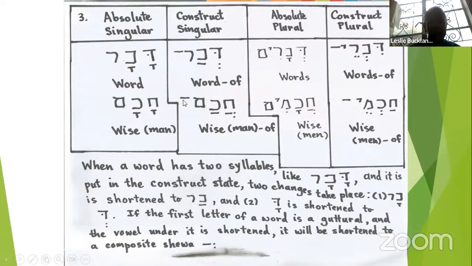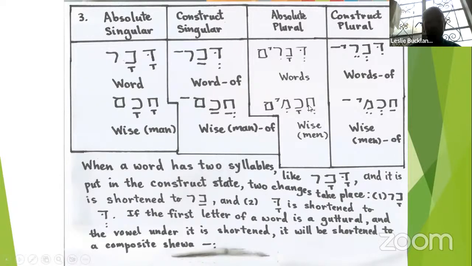However, when you add a maqqef and another noun following the maqqef, the qamets, the long ah, under the second syllable changes to its corresponding short vowel, patach, short ah. And this is wise man of.